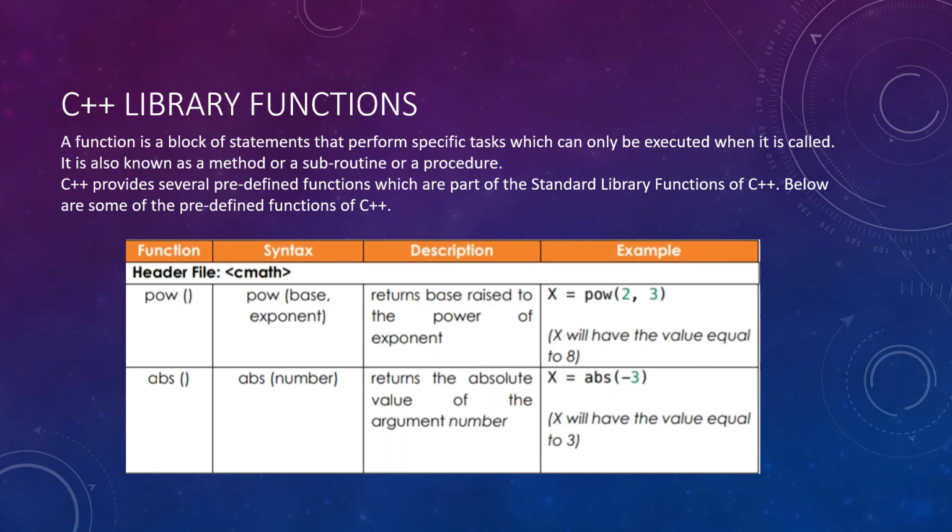Function pow, syntax pow(base, exponent), returns base raised to the power of the exponent. Function abs(number) returns the absolute value of the argument number.